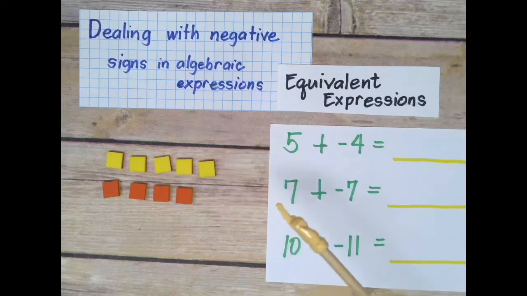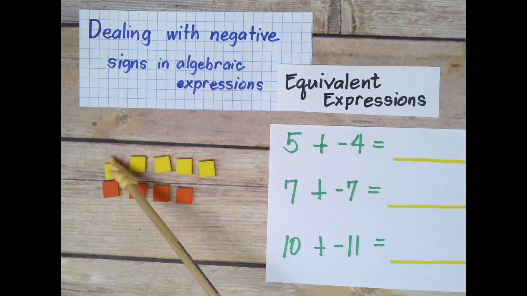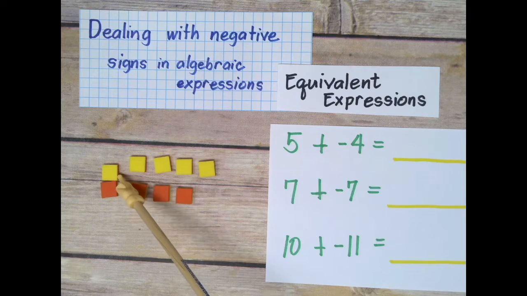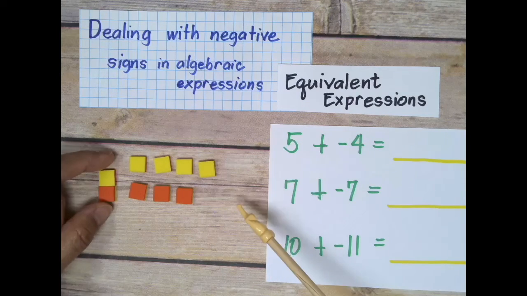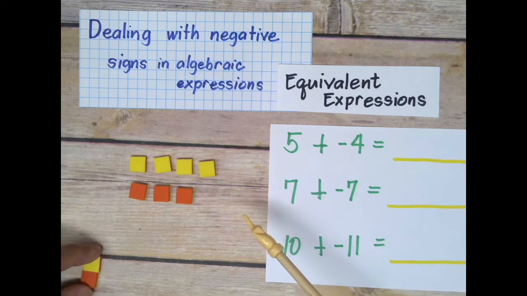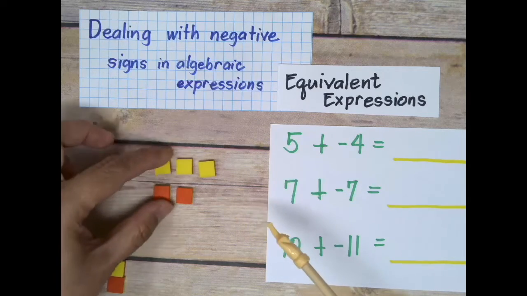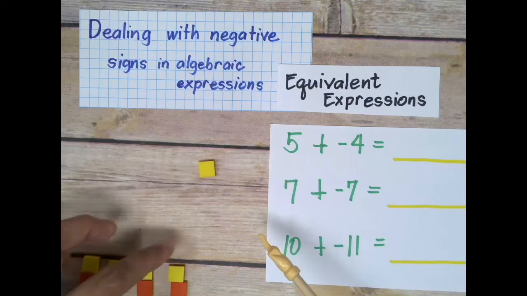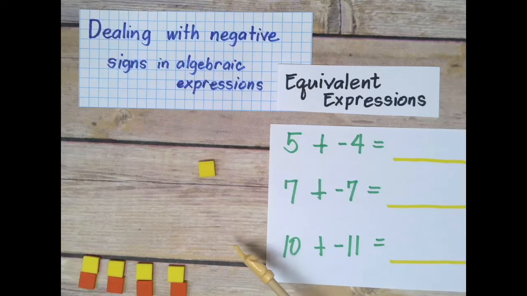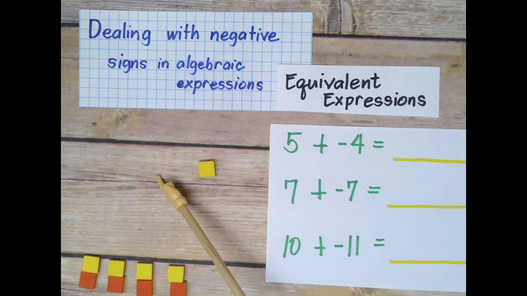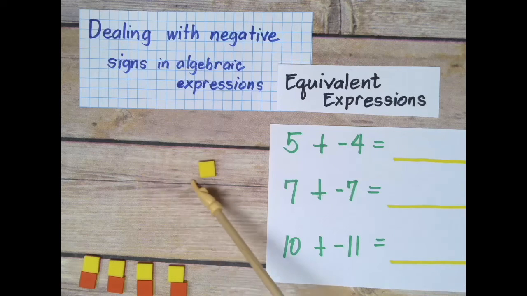However, we know that a yellow tile and an orange tile make a zero pair. So how many zero pairs do we have? Okay, let's see. That's 1 that goes away, that's another 1, that's another 1, and 4. As we make the zero pairs, we are taking away yellow squares from the set of 5.